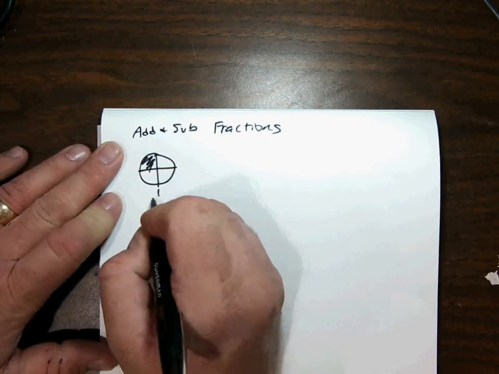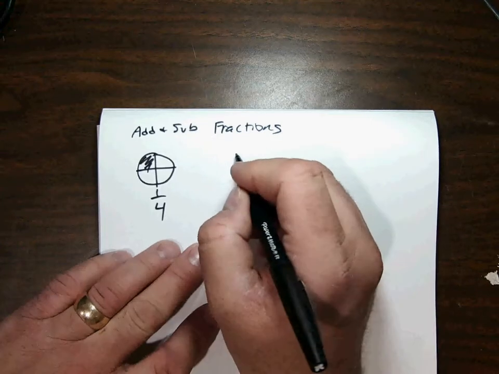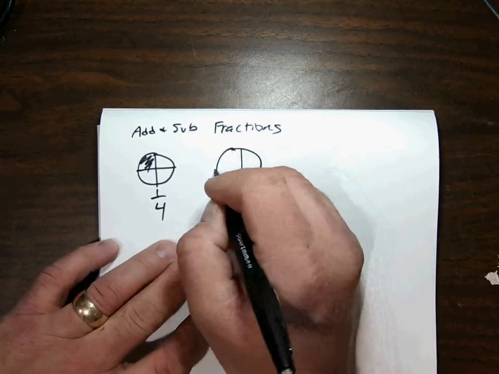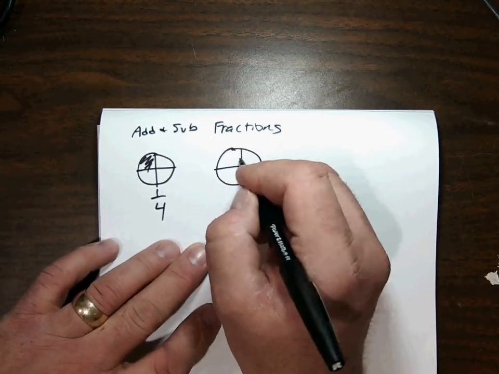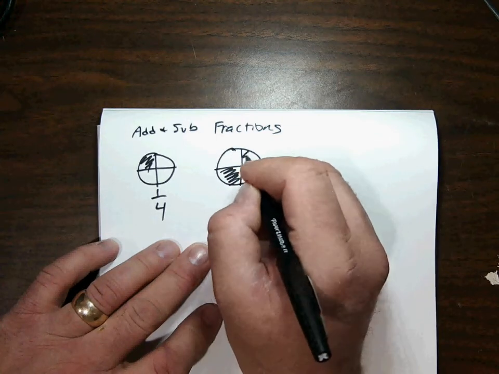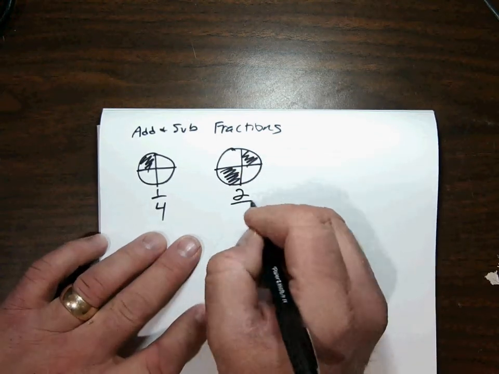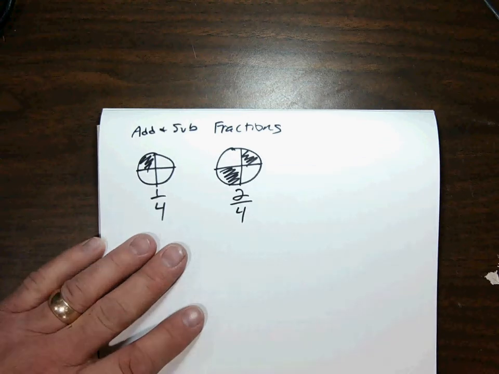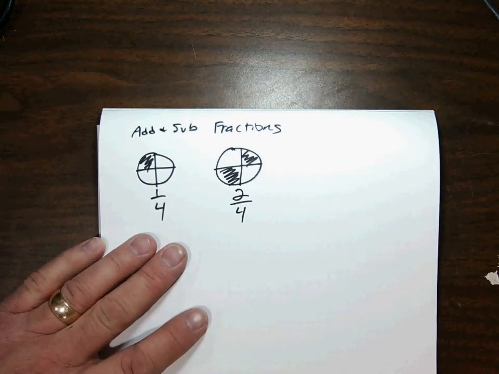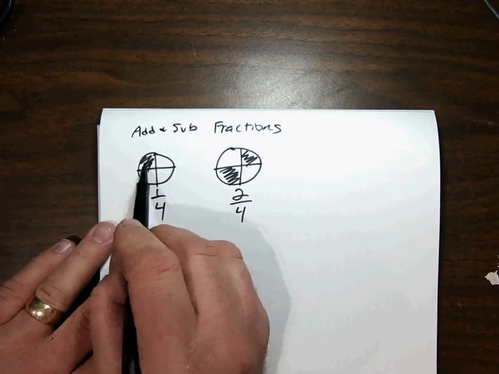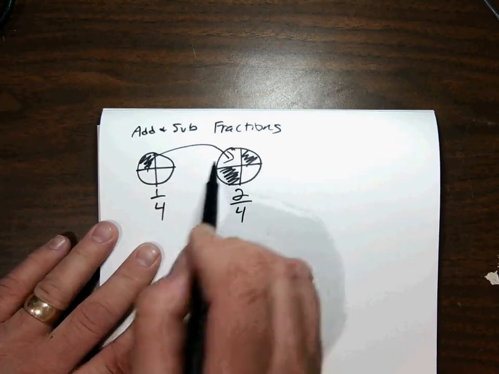Here I've got 1/4. Let me just visually do it the same, even make it more visually appealing. Here I've got 2/4, right? So if I want to put these together, you can see what I'm going to do.